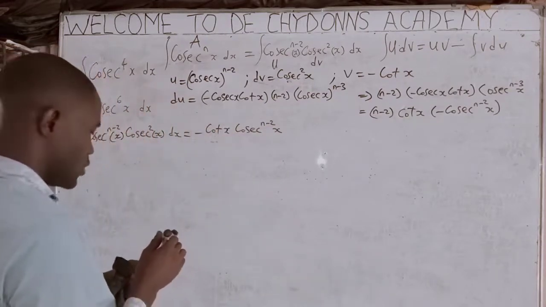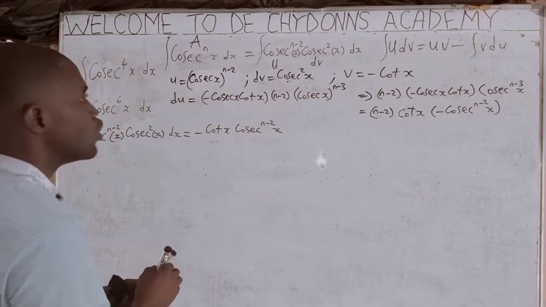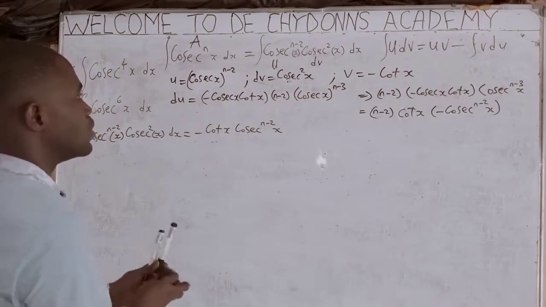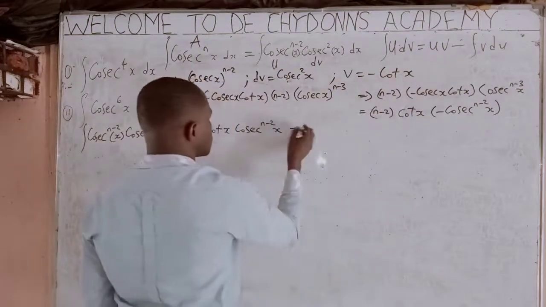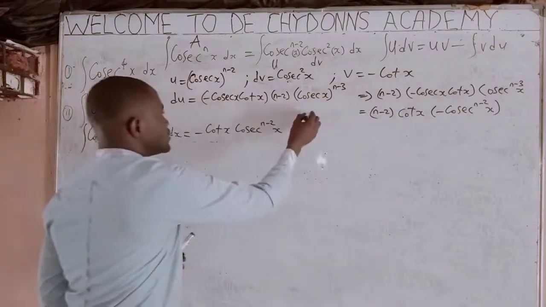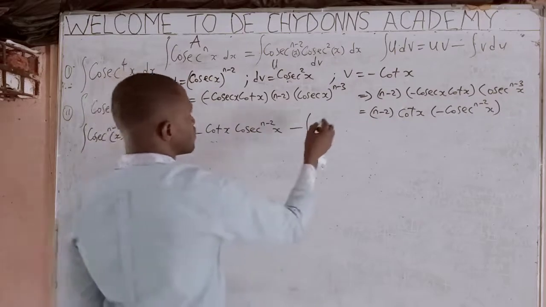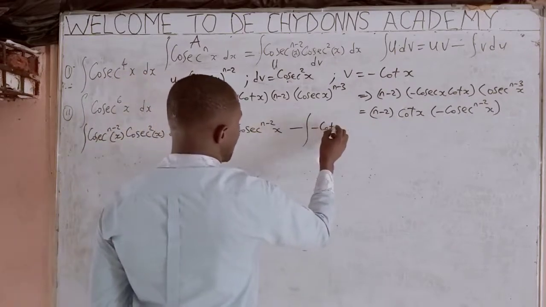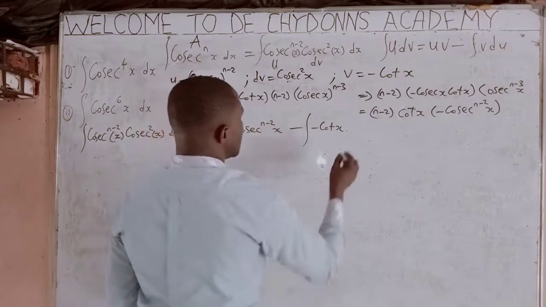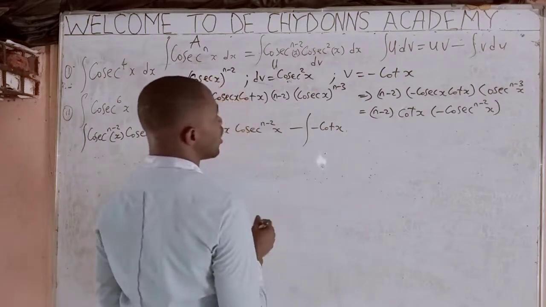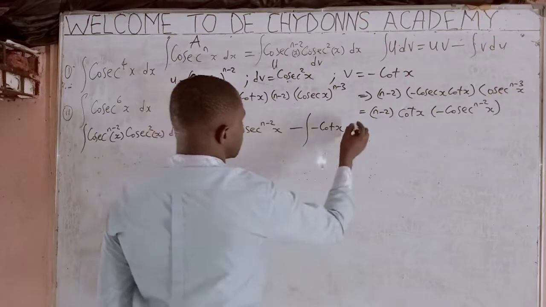Okay, then I say minus integration. What is your v? Minus cot x. Then what is your du?